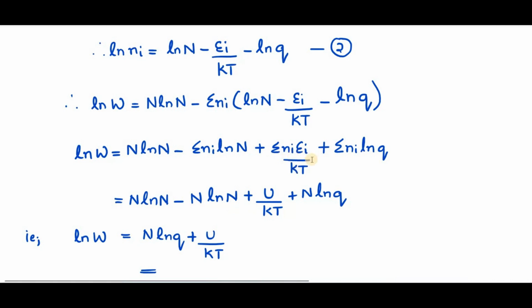So summation ni epsilon i is the total energy, which is the internal energy U. So here U by kT plus again here we have summation ni log q, which can be written as N log q. So finally we get log W equals N log q plus U by kT.